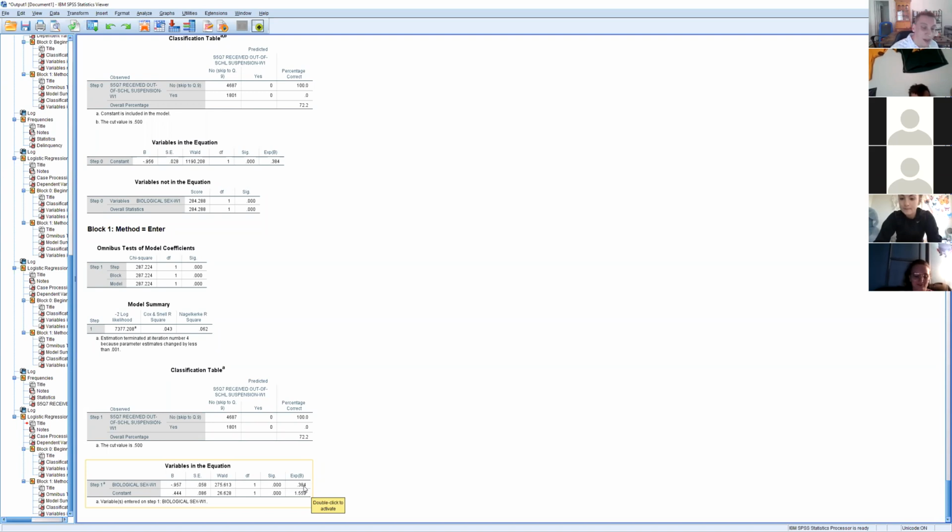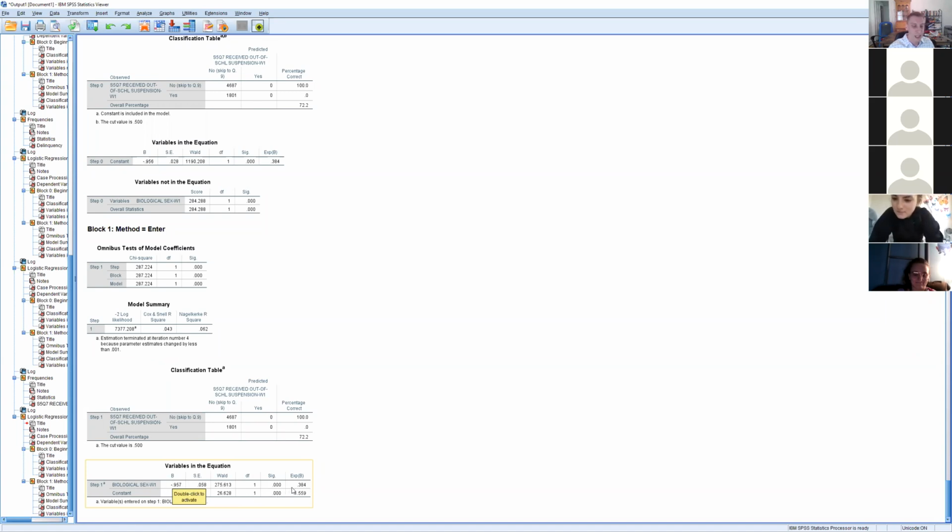And so this number right here is the effect on the odds of being suspended, what's called the odds ratio. This is the odds ratio, or the effect on the odds, because the other is on the log odds, which is not intuitively interpretable.